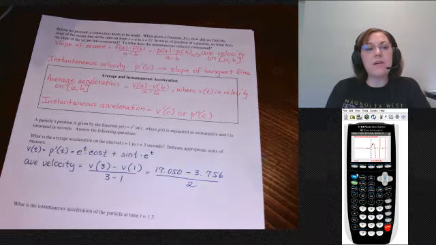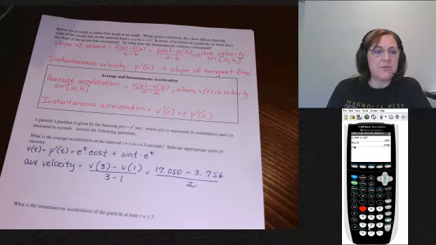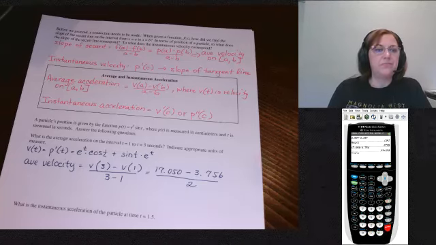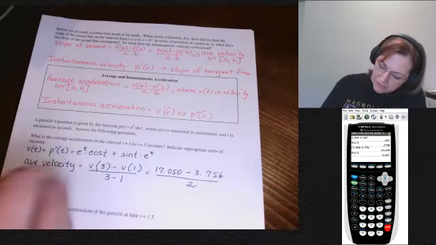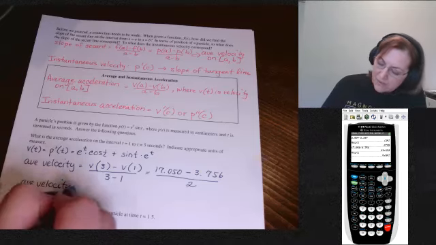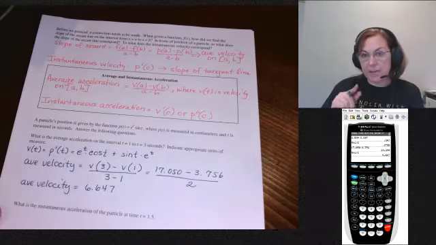Now, just like before, I'm going to go to my home screen and do my subtraction. 17.050 minus 3.756 divide by 2. My average velocity is 6.647. Let's think about the units.